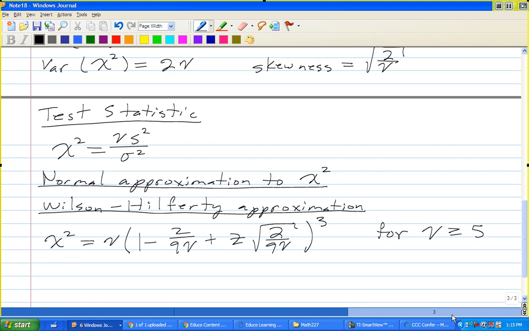Okay, so that's the Wilson-Hefferty approximation. I also have the Fisher approximation. Again, these are named after people.